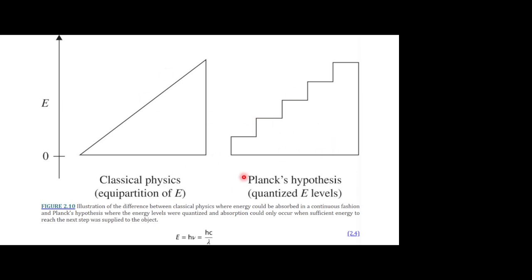And so this is, again, the classical physics: the equipartition of energy, where you can be any energy level between. If you have a substance, it can absorb any energy. This right here is the quantized energy levels. If you have a substance, it can only absorb specific energies, and it can only emit specific energies.